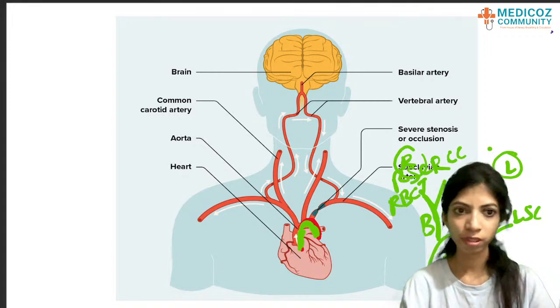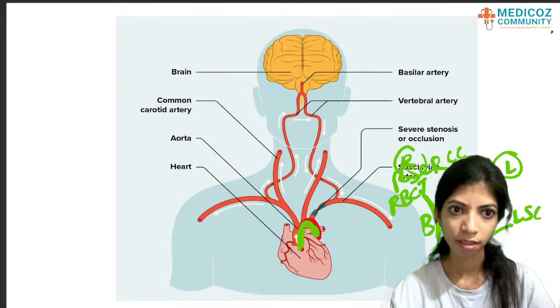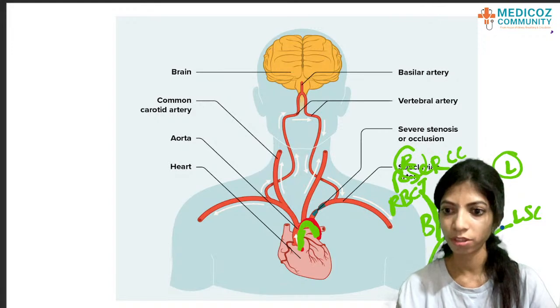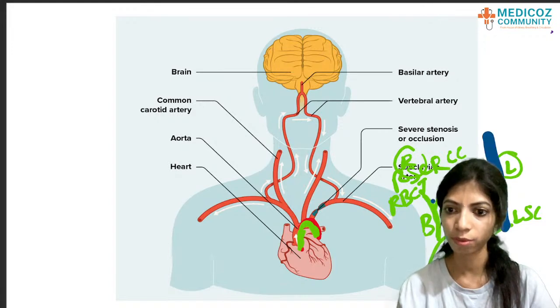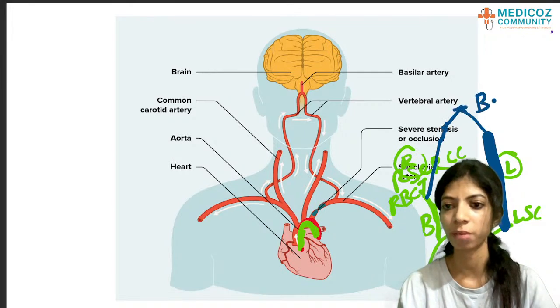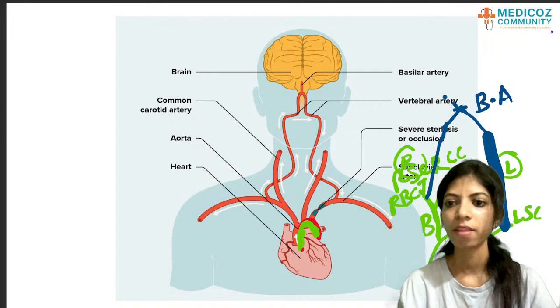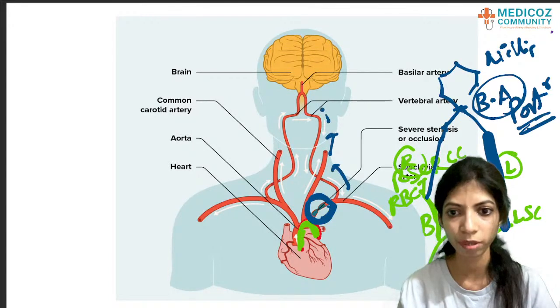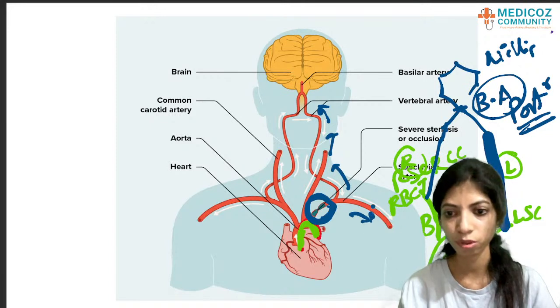From these subclavian arteries you get your vertebral arteries. These two vertebral arteries join together to form your basilar artery. This basilar artery forms a part of your circle of Willis, to the brain, and this to the heart, to the arm.